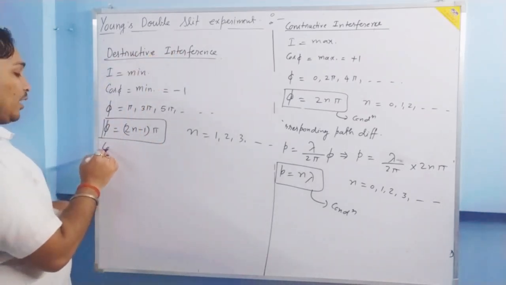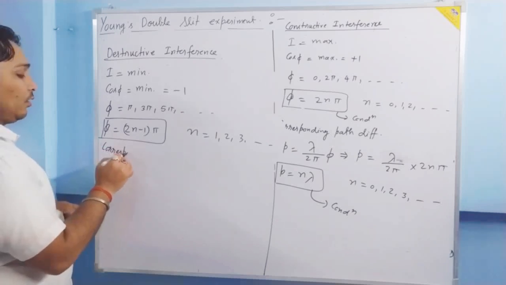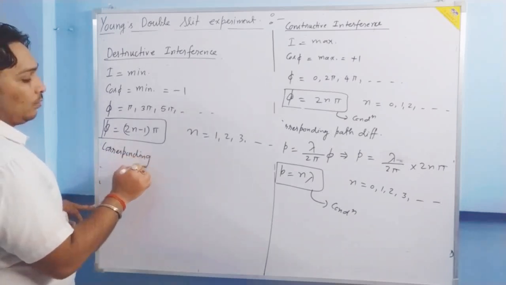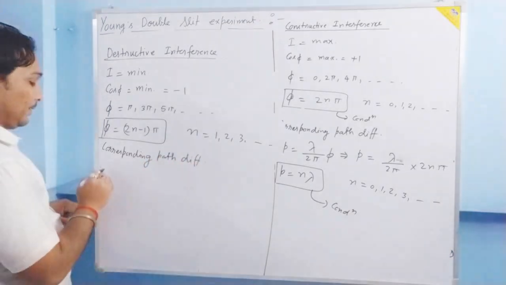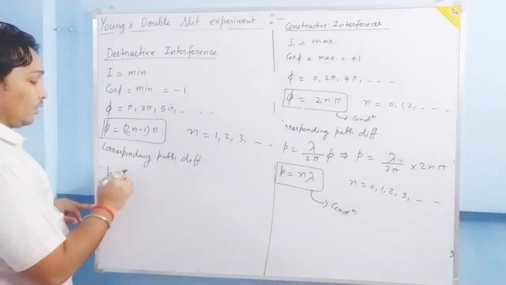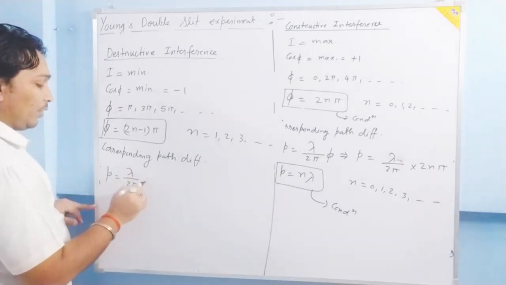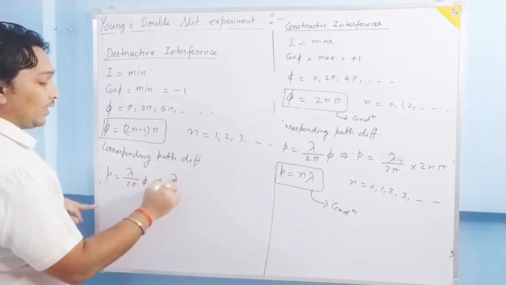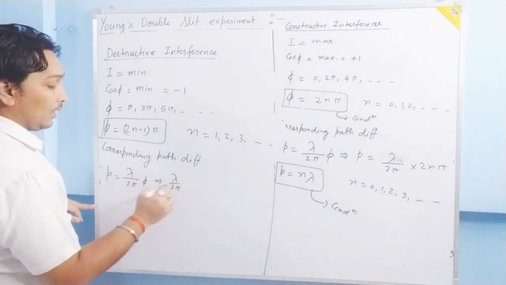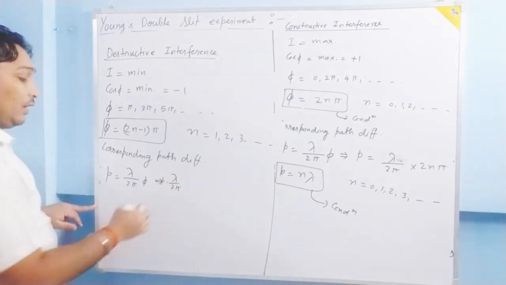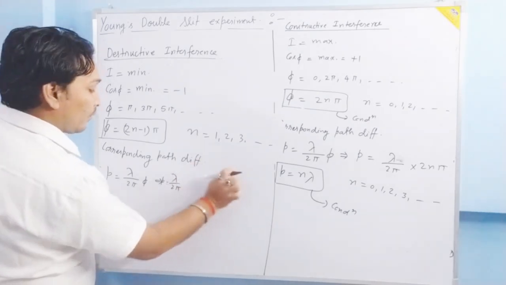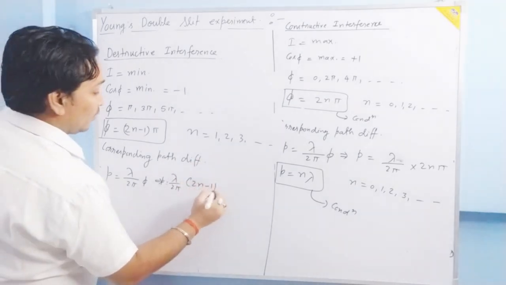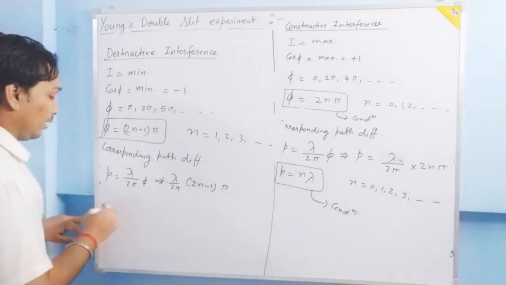And in terms of path difference, the corresponding path difference P is equal to lambda upon 2 pi into phi, which implies P is equal to lambda upon 2 pi into (2n minus 1) into pi, and pi will be cancelled out.